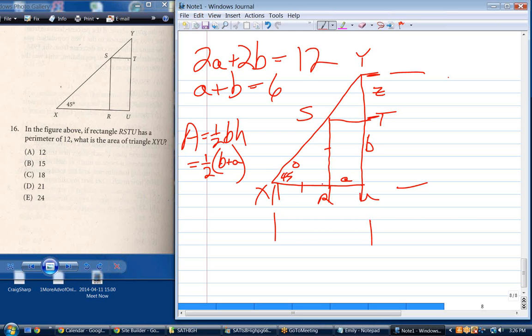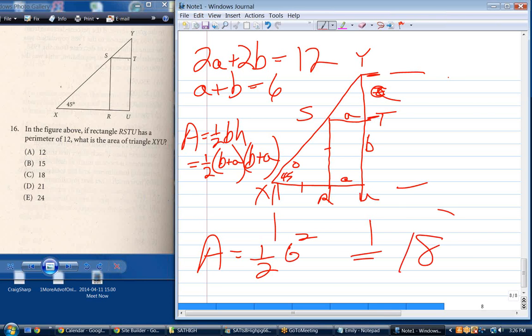So B plus A is the base of this triangle. Is the height exactly B plus A also? Yes, because that's A and that's A. So we have the area equals 1/2, and we know B plus A is 6. 6 squared is 36, half of that is 18.